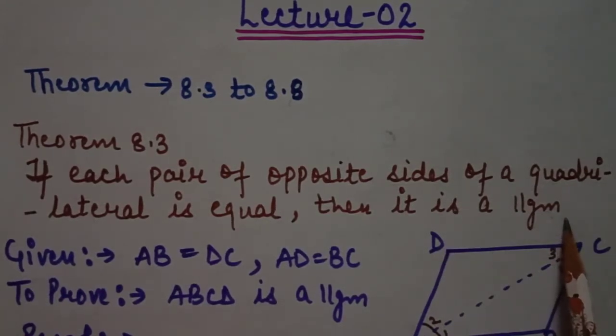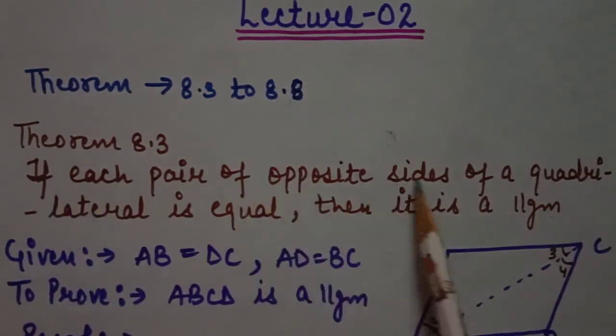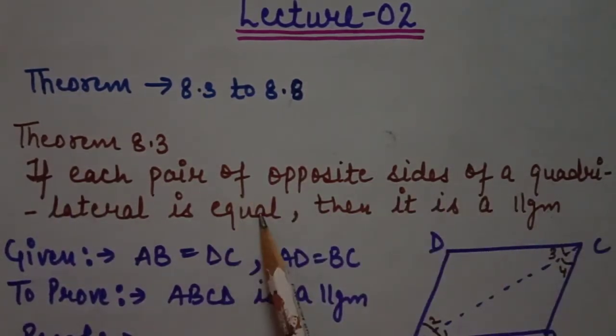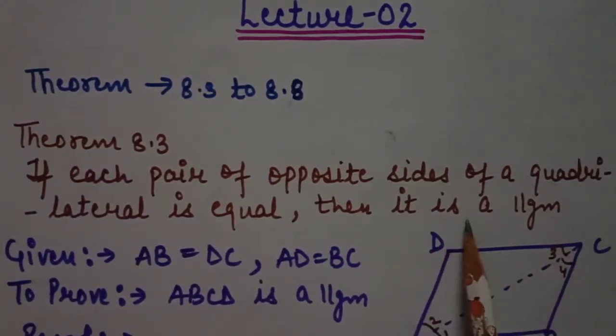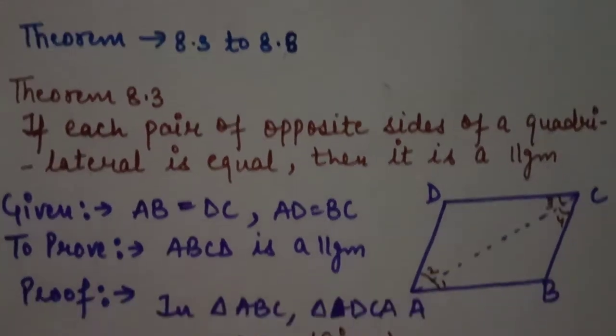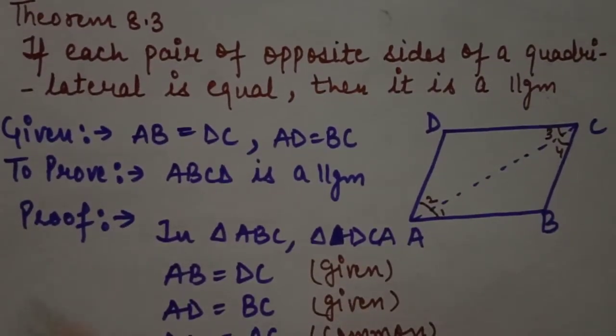We have to decide what is given and what we have to prove. Each pair of opposite sides of a quadrilateral is equal. It means this part is given. Then it is a parallelogram. We have to prove it. So students, we will start our theorem.